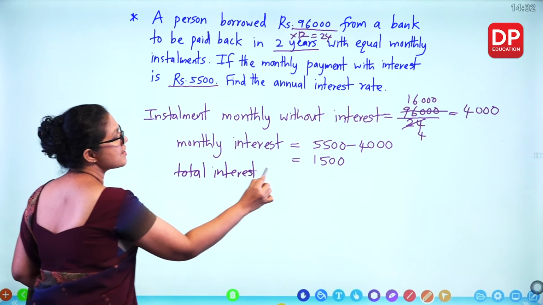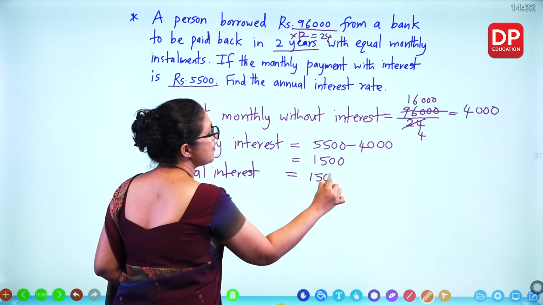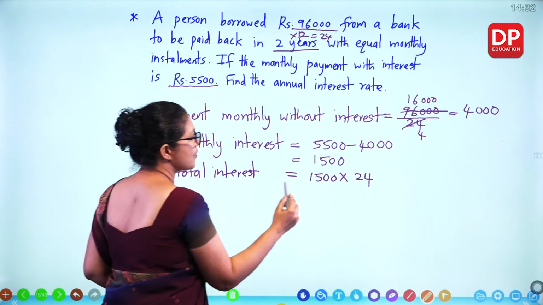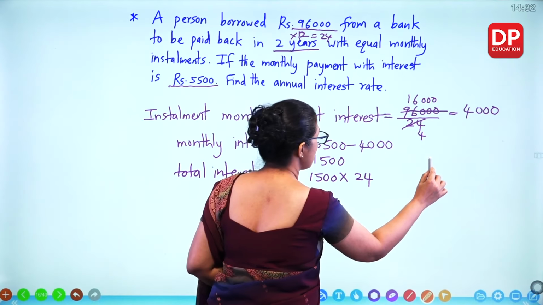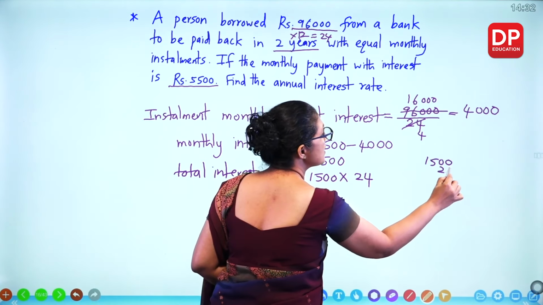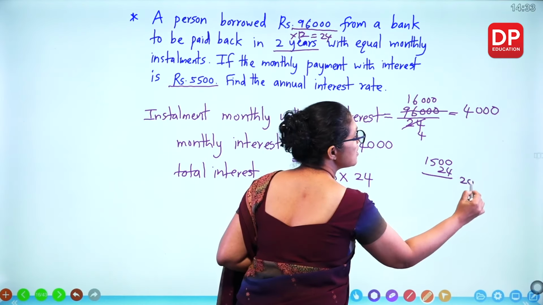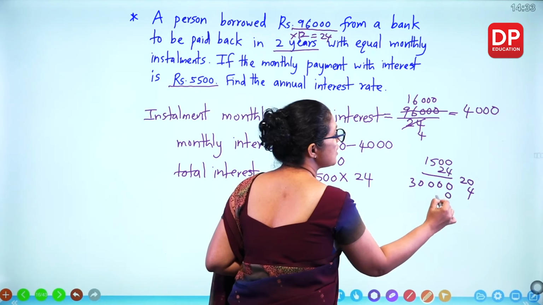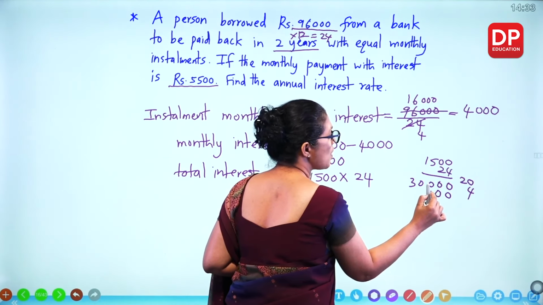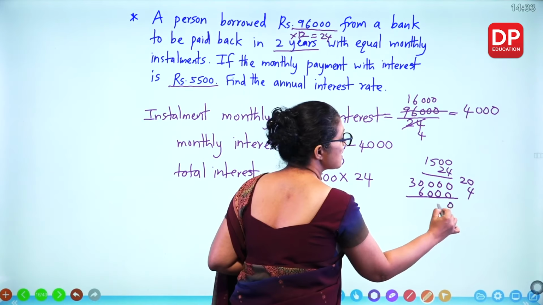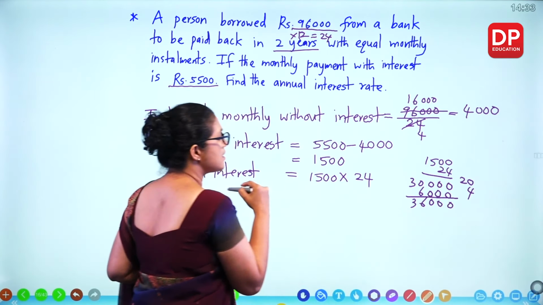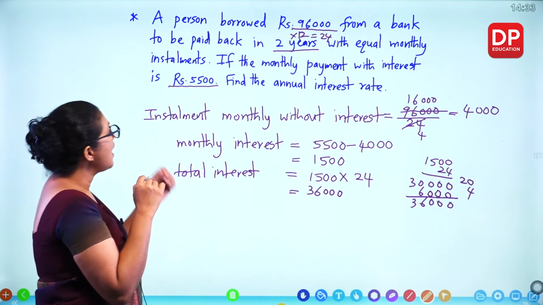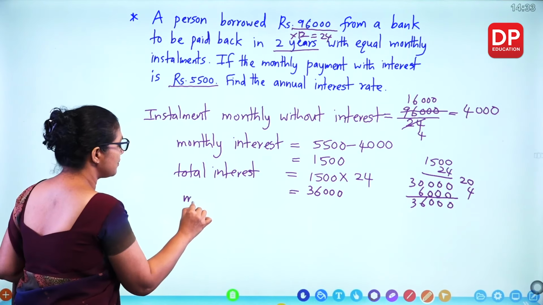So total interest is 1,500 multiplied by 24 months. So multiply 1,500 multiplied by 24, 20 and 4. 4 times 0, 0, 4 times 5, 20, 4 times 1, 4 plus 2, 6. So you get 36,000 rupees. And what about month units?